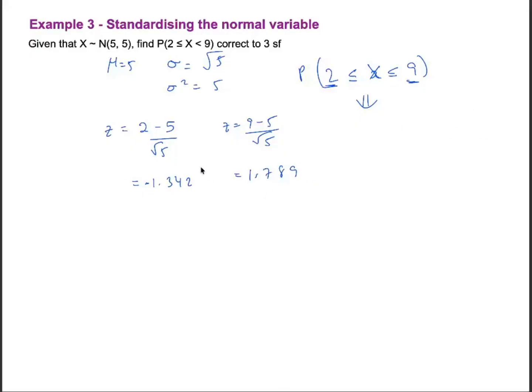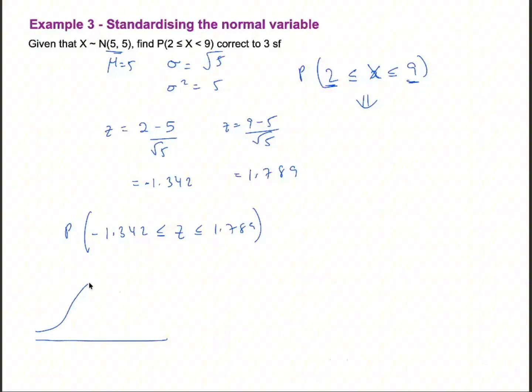These are going to be our two z values. So what we have now is a probability of z being between negative 1.342 and 1.789. Z will be between these two values. And this, if you draw it out, it's going to look something like this, where the mean is 0.